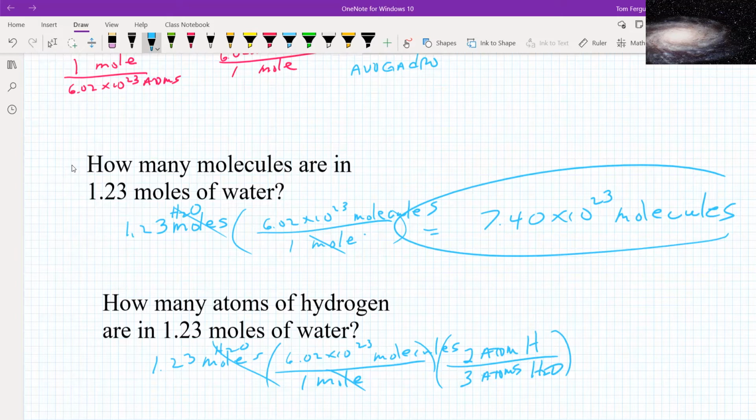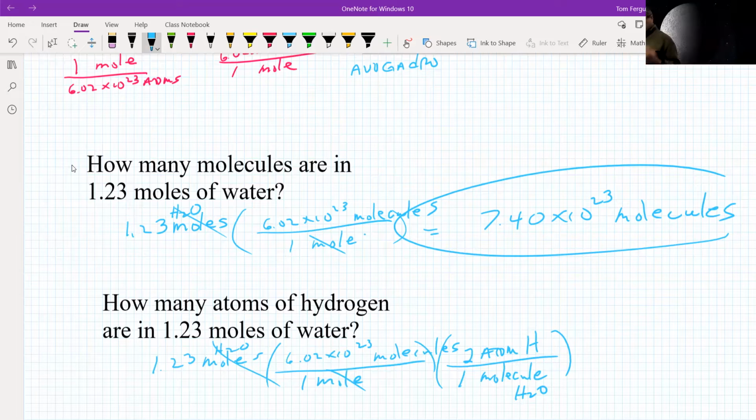Molecule. Okay. Now the molecules cancel. We're left with atoms of hydrogen.